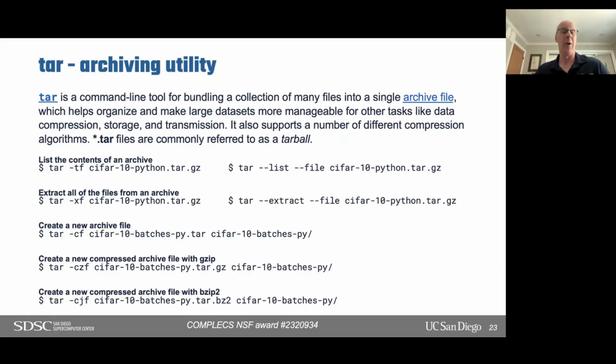We can extract all of the files from an archive. We can create a new archive using the -c flag. So here we're going to use tar -cf, the name of the archive that we want to get, and then the file or directory that we're going to be archiving.